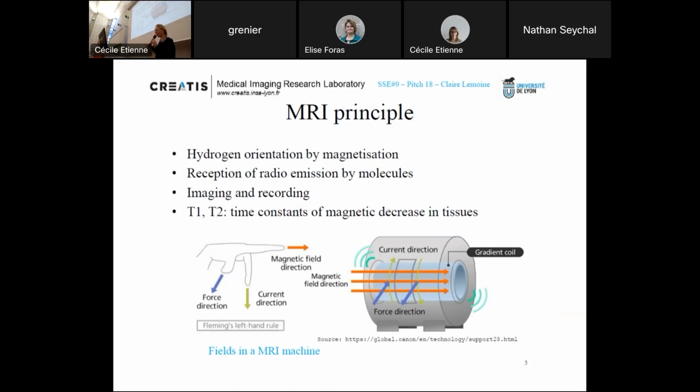So magnetization excites the hydrogen in molecules, and the molecules emit radiation, and we have T1 and T2, which are proper constants of the tissues, and help us to distinguish tissues with MRI.